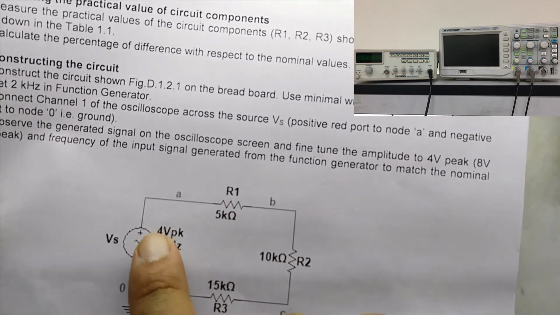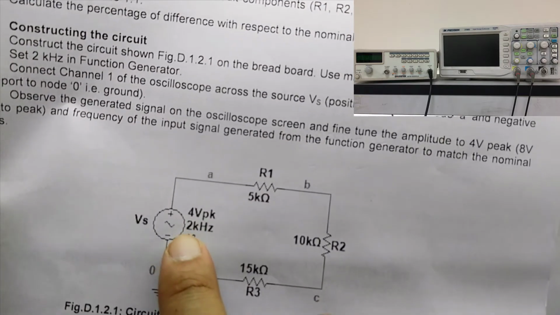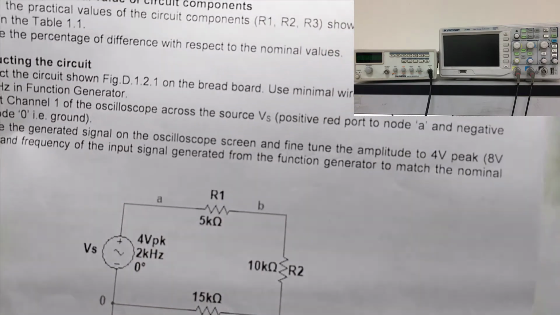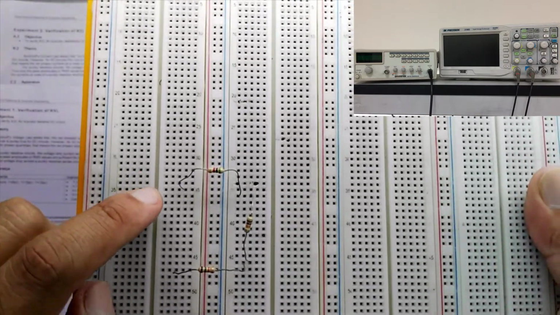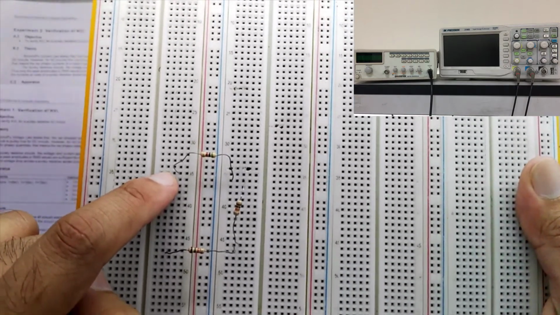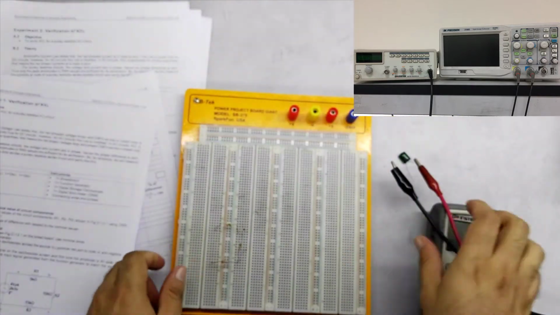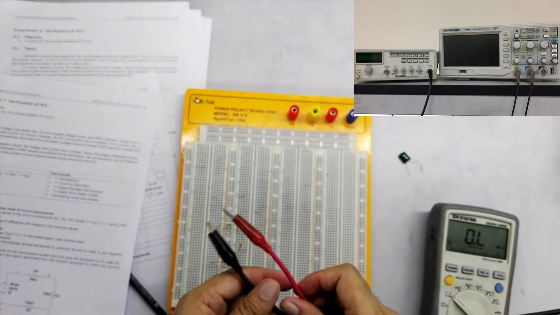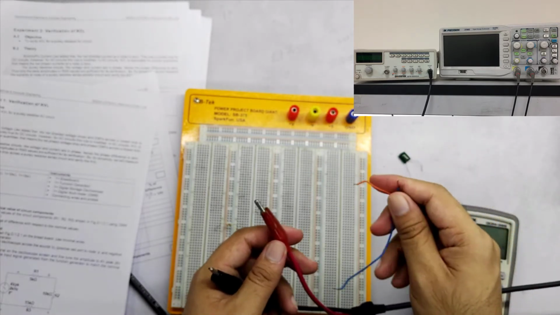According to the circuit, we will attach the red wire, the plus polarity, to node A, and the black wire, negative polarity, to node 0. So the red wire will go to this node A, and the black wire will be attached to this node 0. Before I can attach the wire, I have to connect connecting wires to these clips.